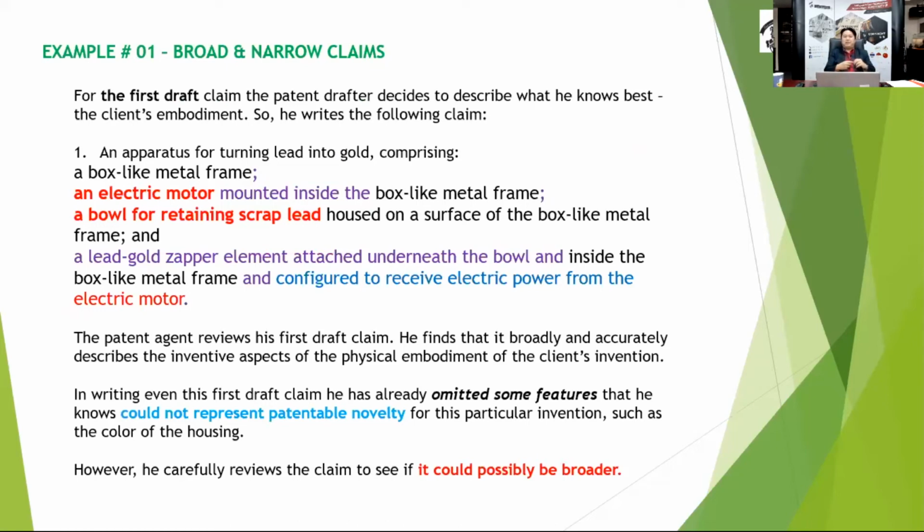An apparatus for turning lead into gold. Wow, I have invented a machine to turn lead into gold, comprising a metal box frame, an electric motor mounted inside the metal frame, a bowl for retaining scrap lead housed on the surface of the metal frame, and lastly, a lead gold zapper element attached underneath the bowl and inside the metal frame and configured to receive electric power from the electric motor.